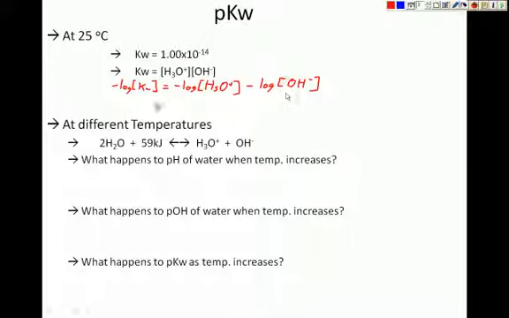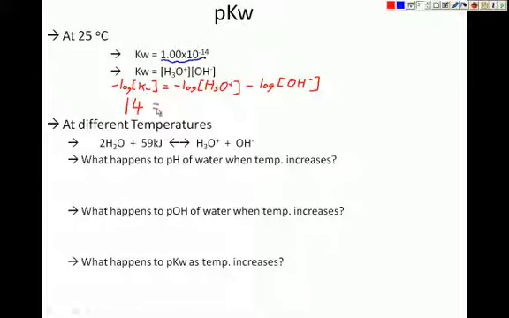Now we know a lot of these numbers here. Kw is 1.00 times 10 to the minus 14, and if you take the negative log of this number right here, that would be just 14.